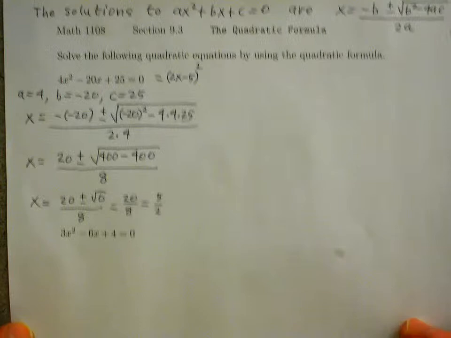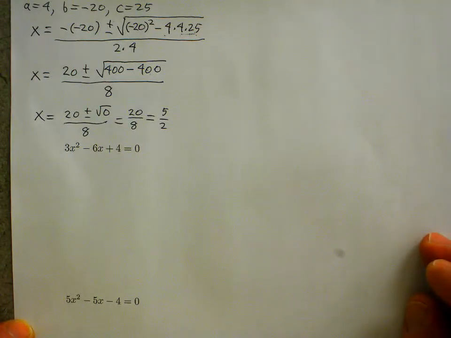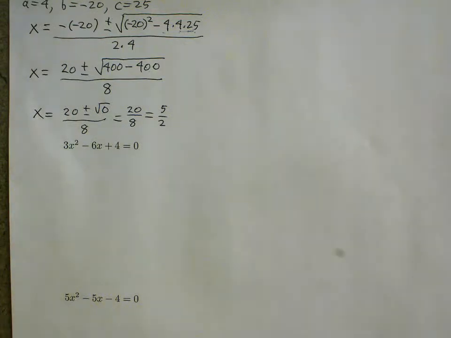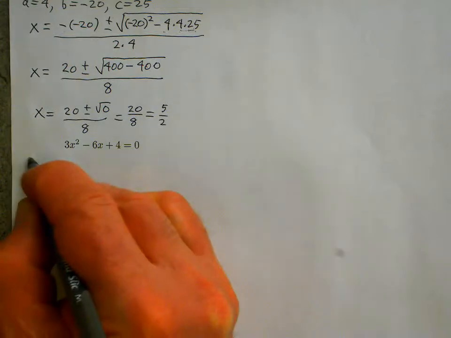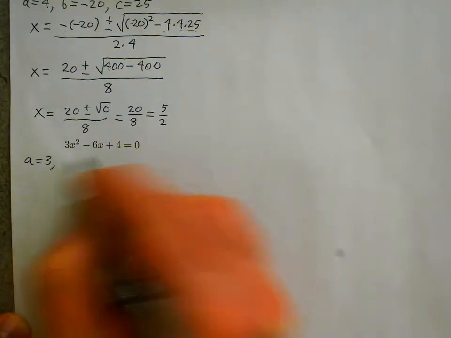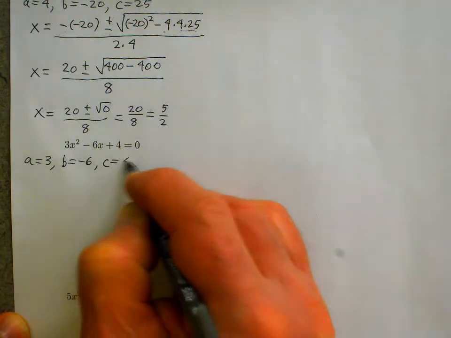Okay, the next one, 3x squared minus 6x plus 4 equals 0. So solve this by using the quadratic formula. So a is 3, b is negative 6, c is positive 4.